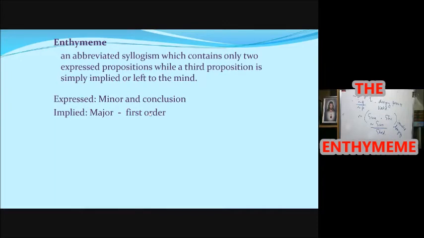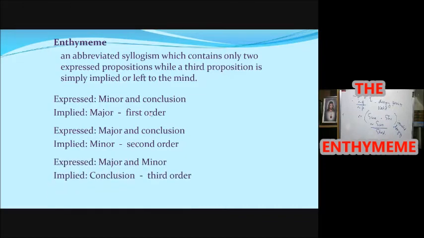The second is where you only have the major and the conclusion, and the minor premise is just implied, meaning it's not fully stated. And then the third has the two premises, the major and the minor, and the conclusion is just implied. That's the third order. So it's an abbreviated syllogism or an abridged syllogism.